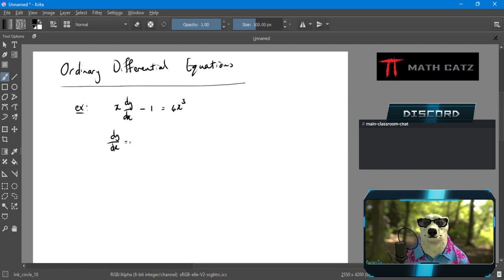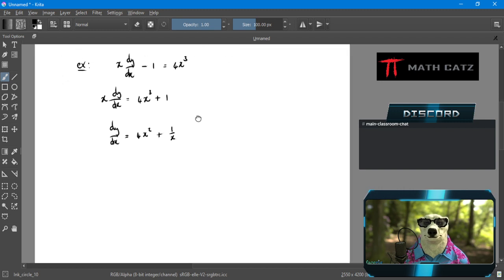In order to find that function, one option is to isolate the derivative portion, and let's do it in two steps: dy/dx equals 4x squared plus 1 over x, for example.